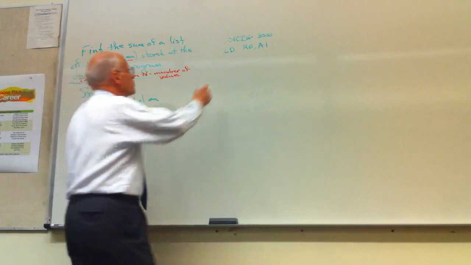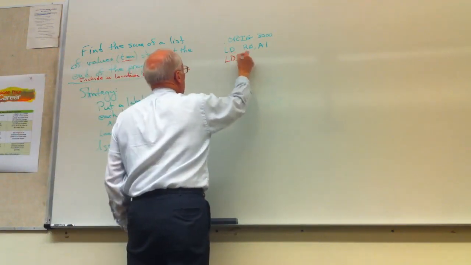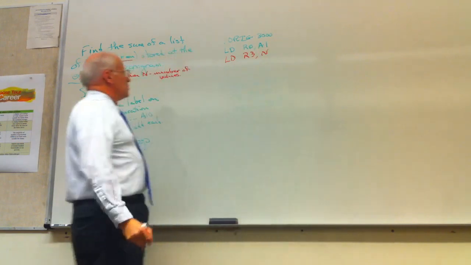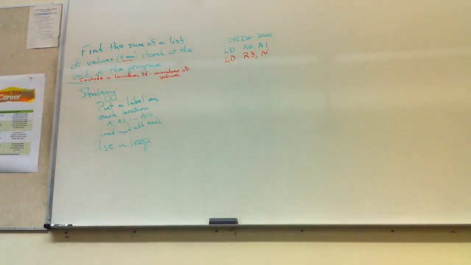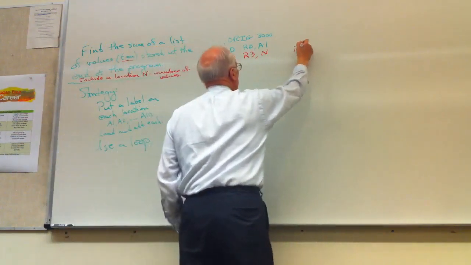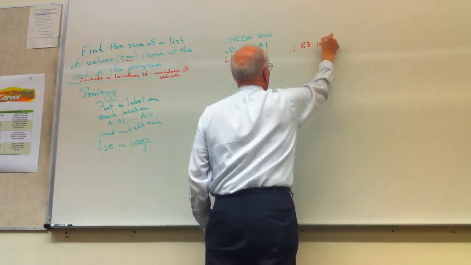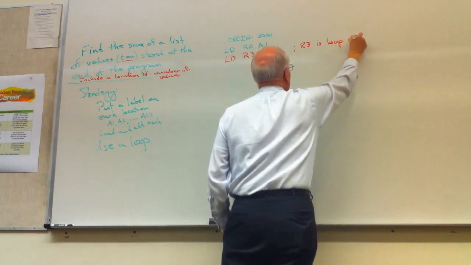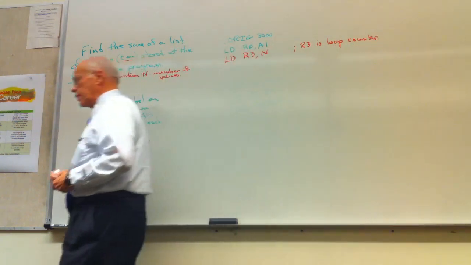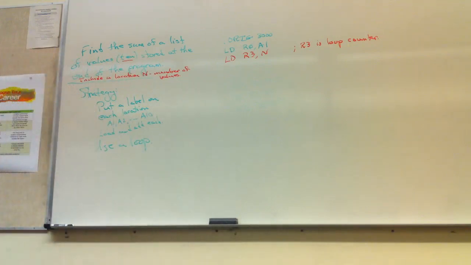Okay, so I'm going to use register 3. Here's my loop counter. Why did I use register 3? Totally arbitrary choice. Just seemed like a good number.